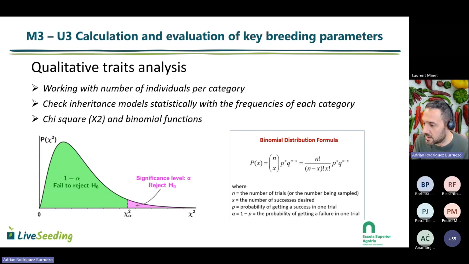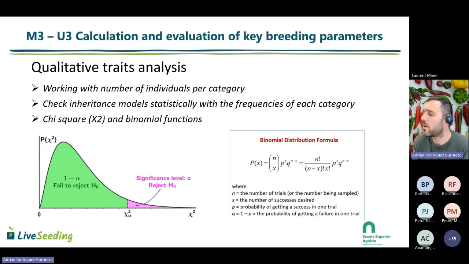There is no dominance, or this trait is not actually a qualitative trait, but a quantitative trait that cannot be explained with the Mendelian models of complete dominance or codominance. This response is given through chi-square methods.